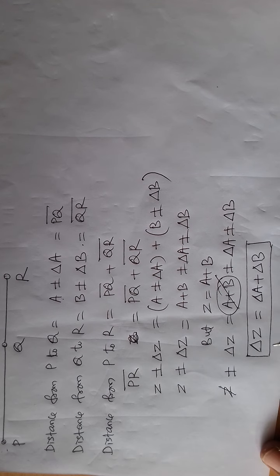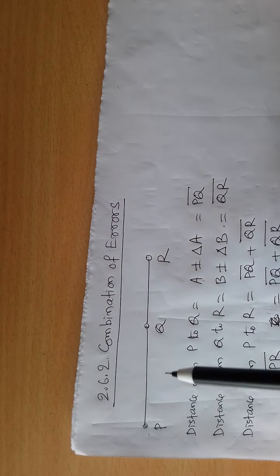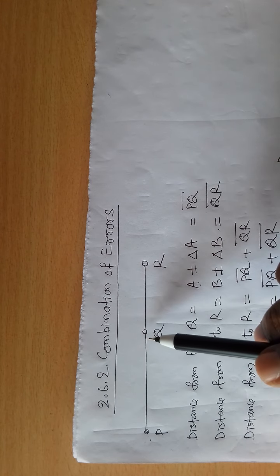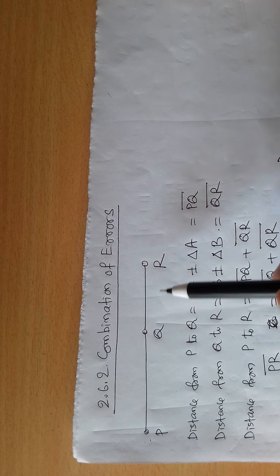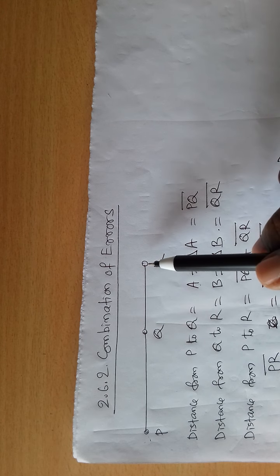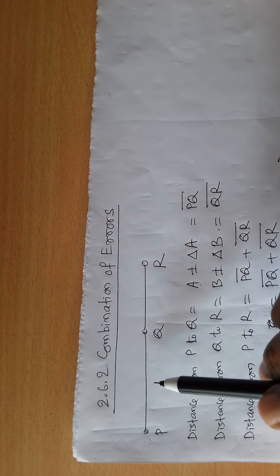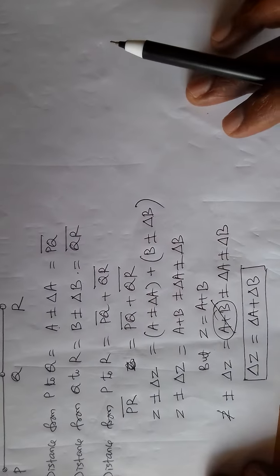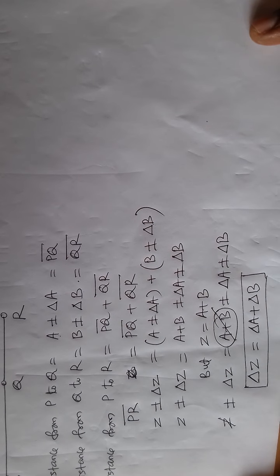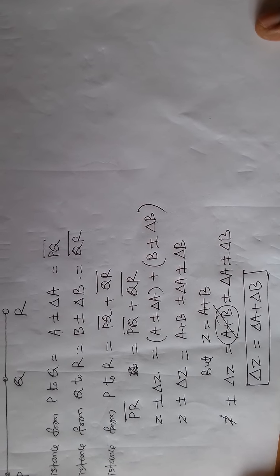Net error is just a sum of individual errors. See, the error committed in measurement of PQ is delta A, the error committed in measurement of distance QR is delta B. So the error committed in measurement of PR will be just the sum of individual errors, that is delta Z is equal to delta A plus delta B.